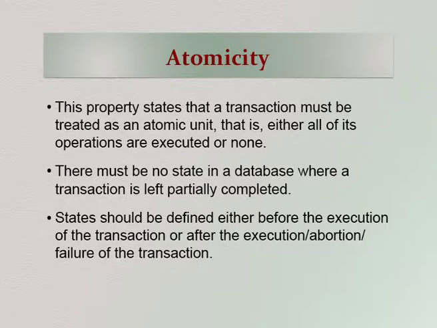So partly doing some of the operations in a transaction is not allowed. There must be no state in a database where a transaction is left partially completed. The state should be defined either before the execution or after the execution.